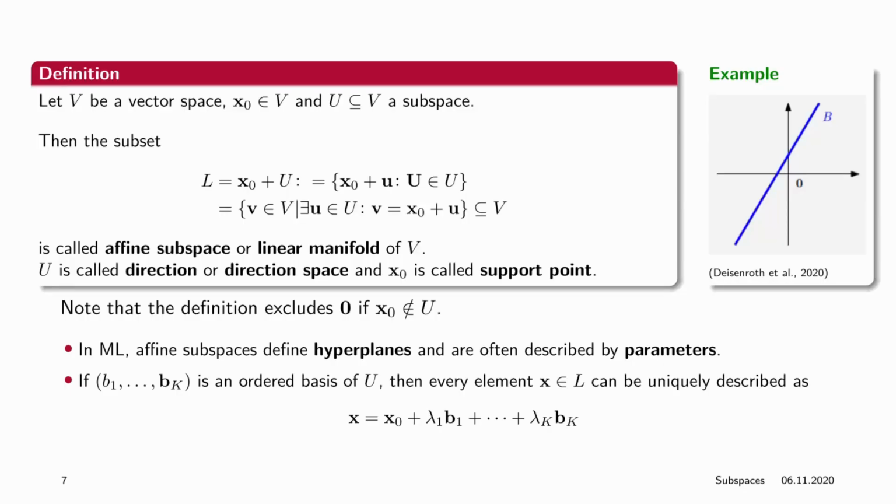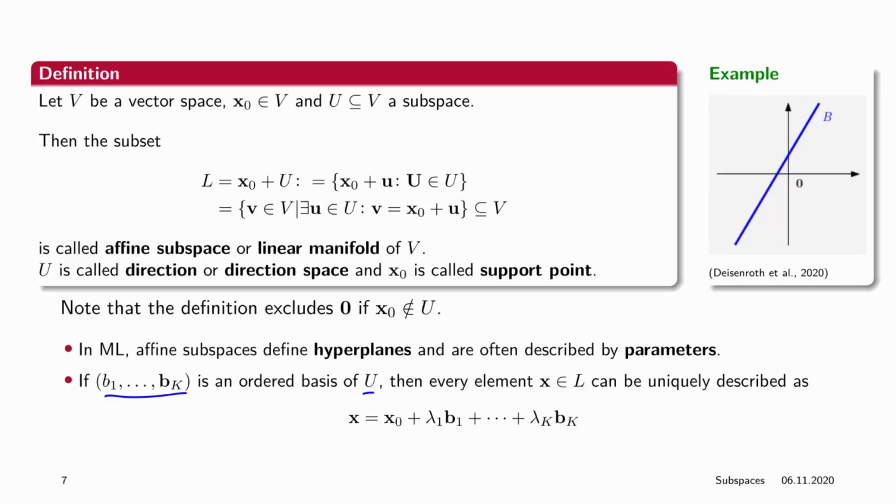And these hyperplanes we usually describe by parameters. Now, if we have some ordered basis of this subspace U, this direction space, then every element x of this affine subspace L can be uniquely described as the sum of x0 plus a linear combination of the basis vectors. Now let's summarize this video.